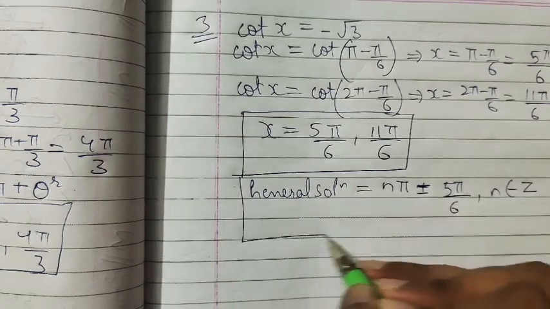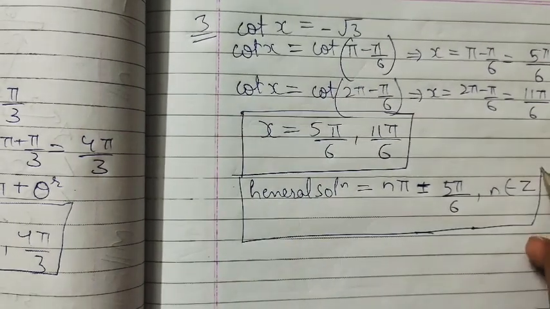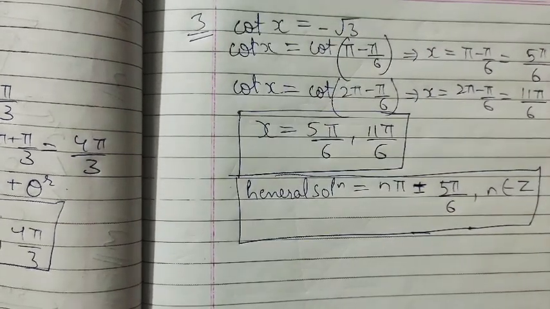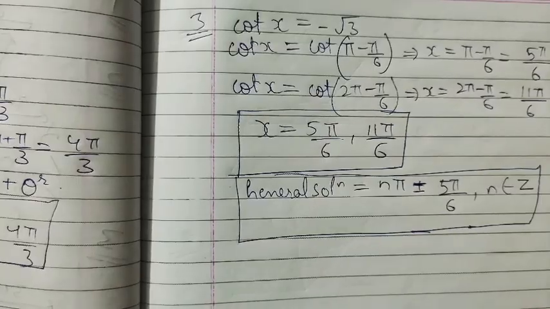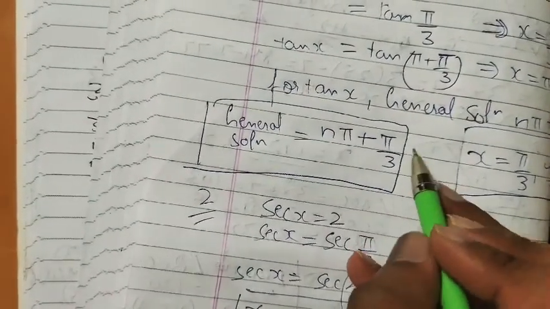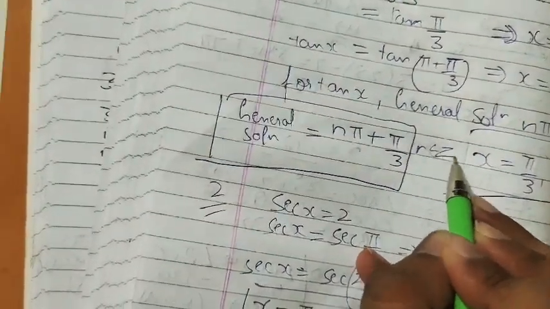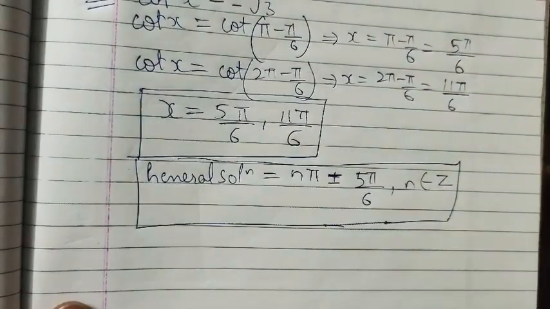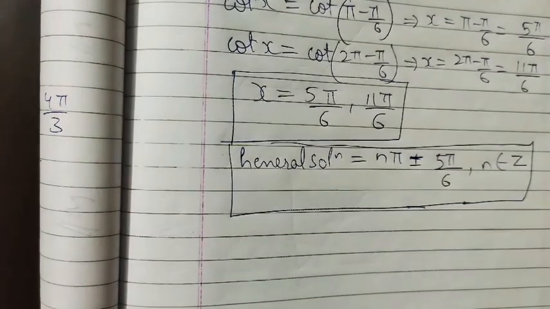So this is general solution, and in all the cases we have to write n belongs to integers. In these cases also we have to write n belongs to integer, and here also we have to write n belongs to integer, right? So n always belongs to integer. Is that clear? So this is general solution, right?